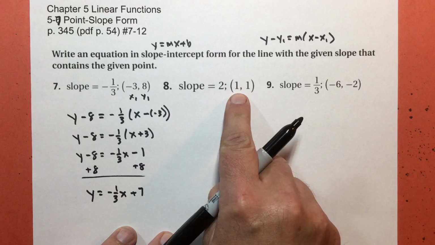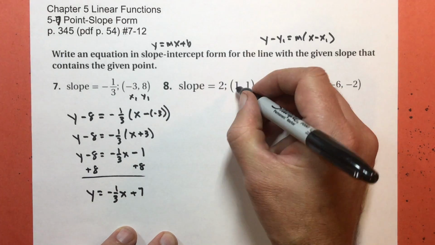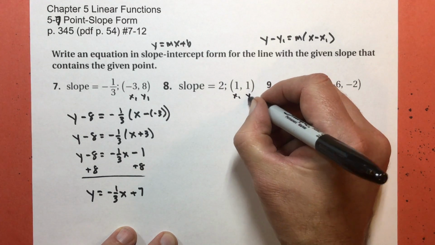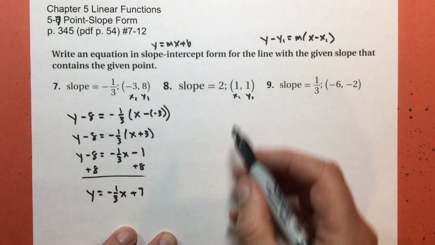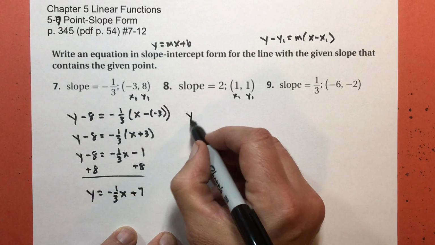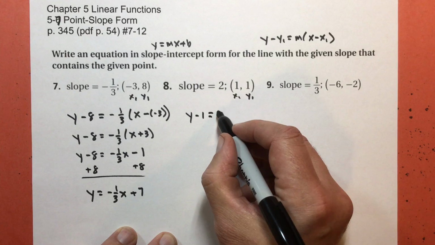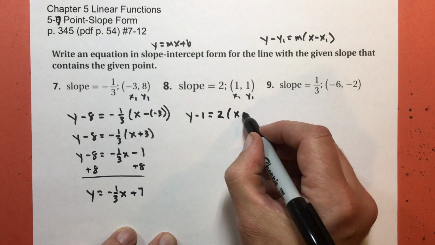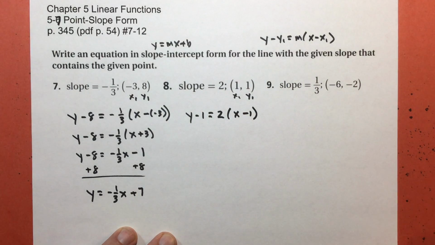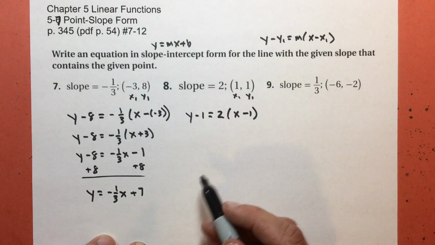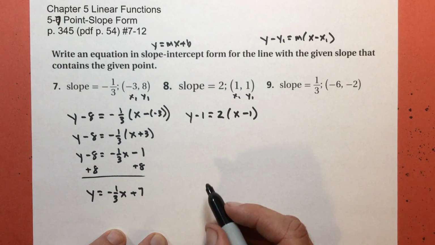Number 8. My slope is 2, and I got x1 is 1 and y1 is also 1. So you get y subtract 1 equals 2 times x subtract 1. This one seems to be a little bit less work than the other one because I don't have the subtracting negative and other stuff.